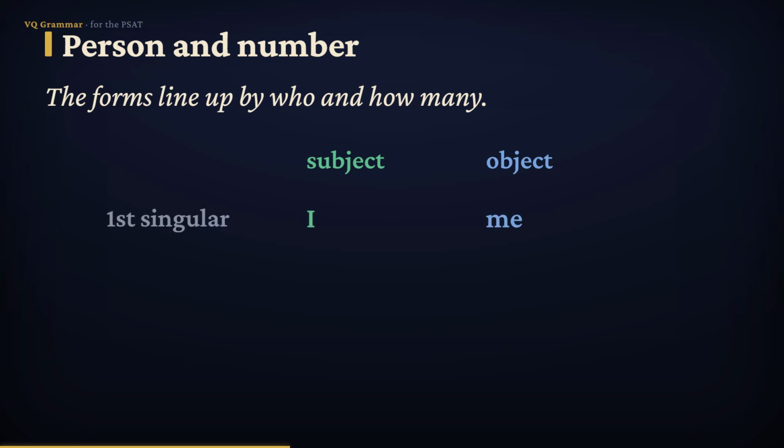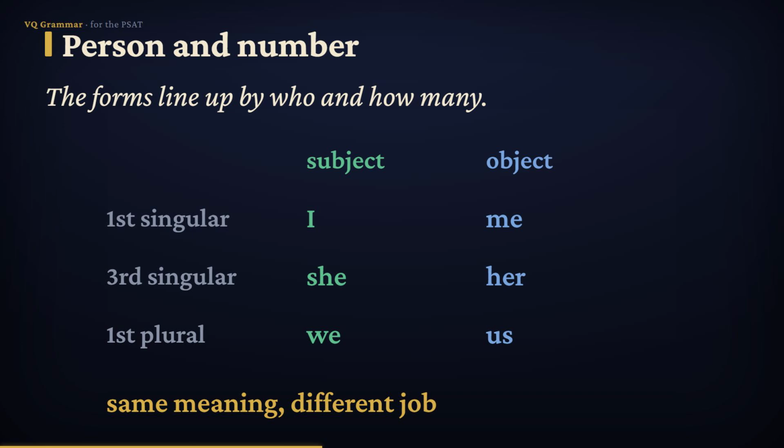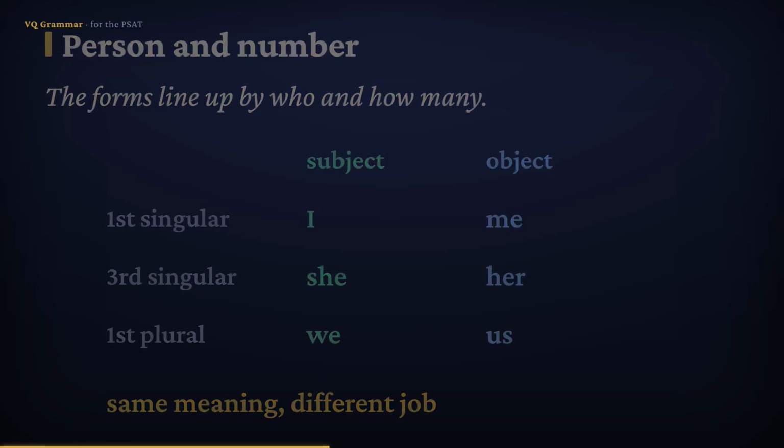First person singular is I as the subject, me as the object. Third person singular, she becomes her. First person plural, we becomes us. Same person, same meaning, but a different form for a different job in the sentence.